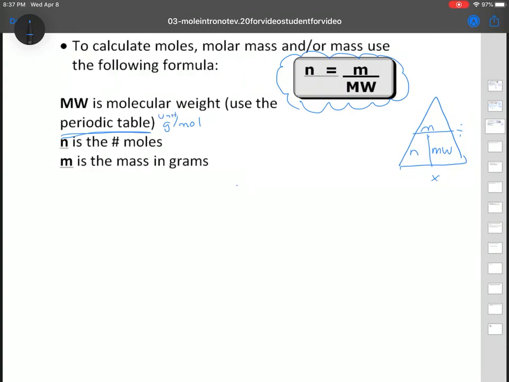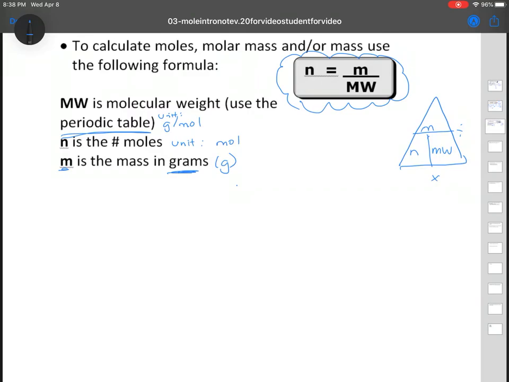Chemists in general, I find, are a little bit lazy, so the unit that we use is mol, the word mole minus the E. If you choose to write out the word mole, that's perfectly fine. And then the mass has to be in grams. So if the textbook or homework gives you a question in kilograms, you would have to convert it. So just be careful with that.